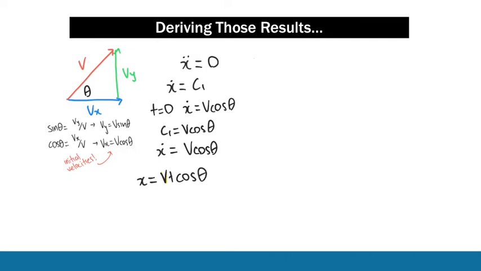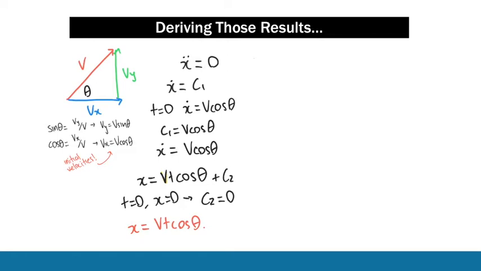We just add the t on. We still have another constant, but assuming we start from the origin, that means that when t equals 0, x is equal to 0, and that implies really easily that the constant is also 0. So the final equation for position in the x direction is just vt cos theta, as we'd expect.